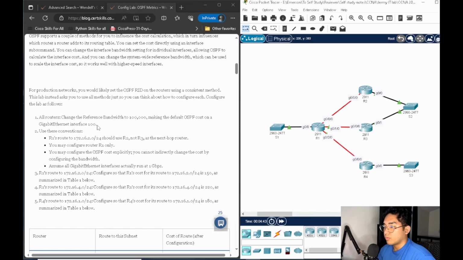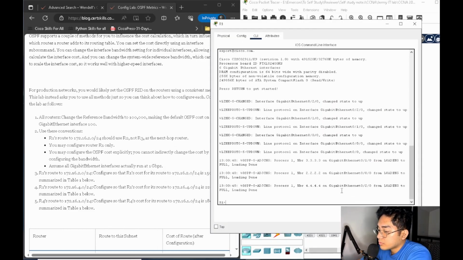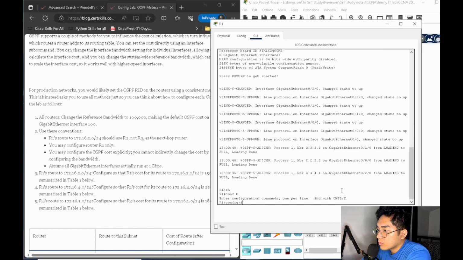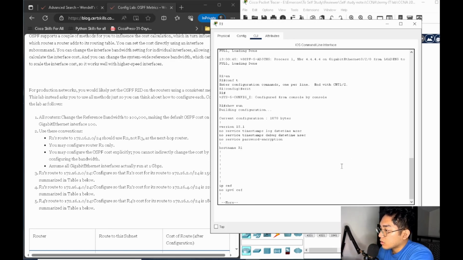So let's configure the default OSPF configuration.